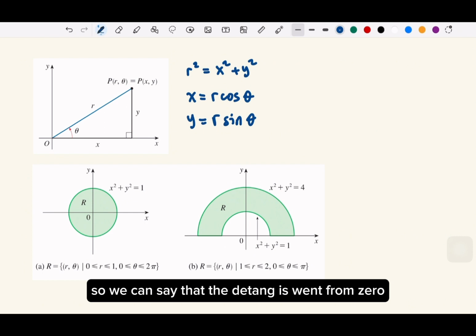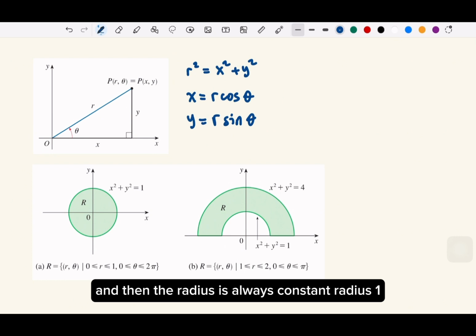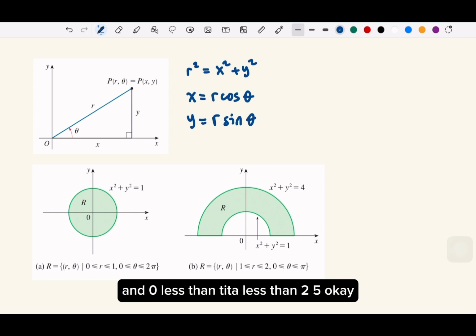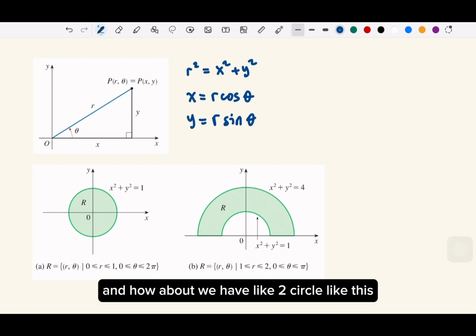So we can say that the theta went from 0 to 2 pi, full circle, and then the radius is always constant radius 1. So we can write in r theta as 0 less than r less than 1, and 0 less than theta less than 2 pi. Okay? And how about if we have like two circles like this?